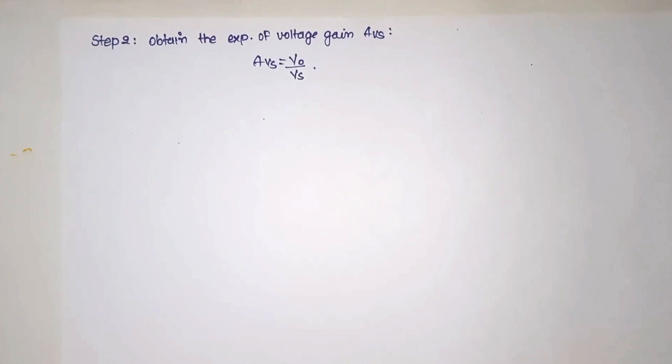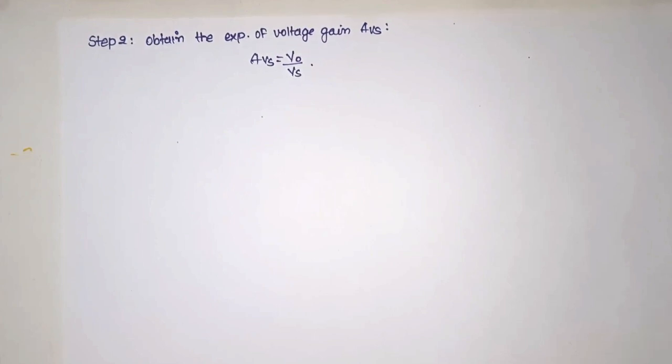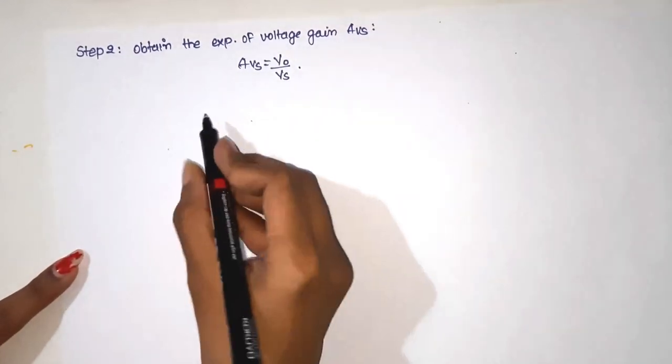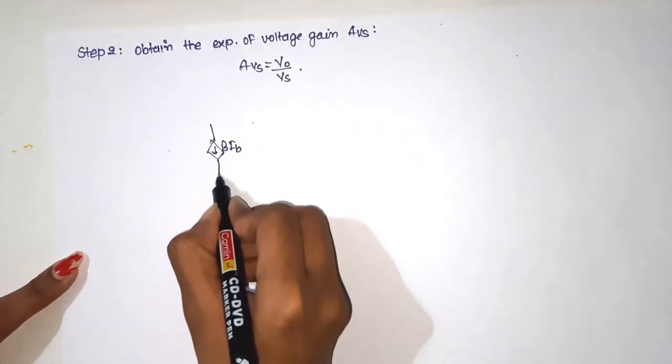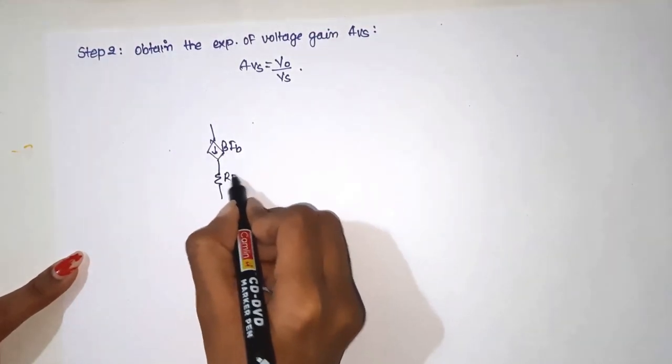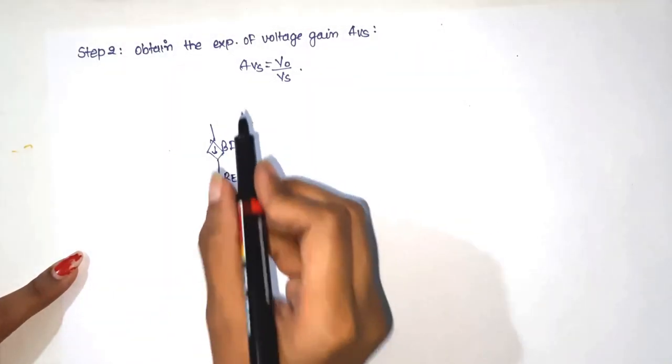Now the next step is to calculate the value of the voltage gain, that is AVS. Voltage gain is equal to output voltage upon input voltage, that is Vs for us, the source voltage. So now we will consider the output circuit. We have beta IB as our current source, then we have RE, since it is not bypassed, it is unbypassed.